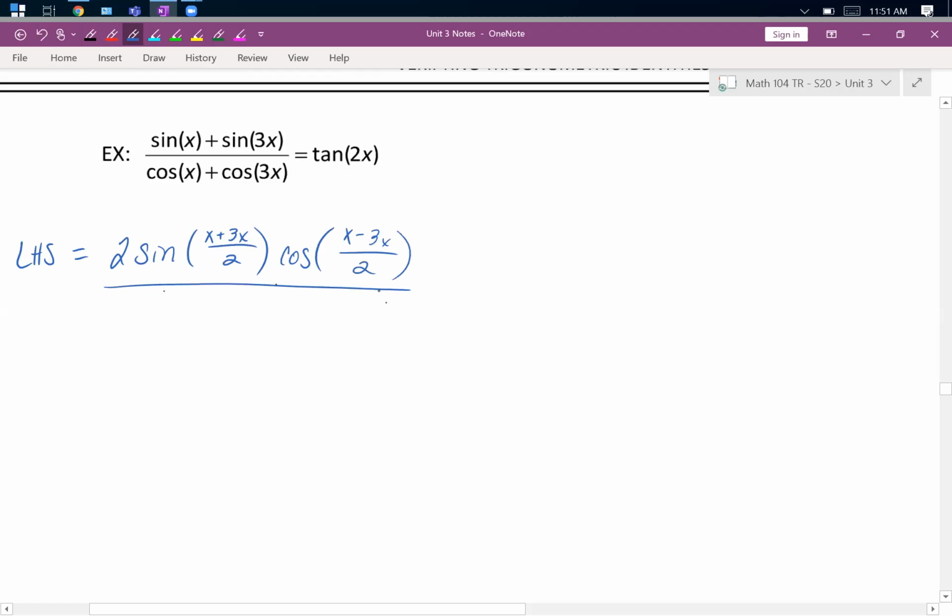And then on the bottom, we'll use our cosine sum formula. This becomes 2 cosine of x plus 3x over 2, and then cosine of x minus 3x over 2.